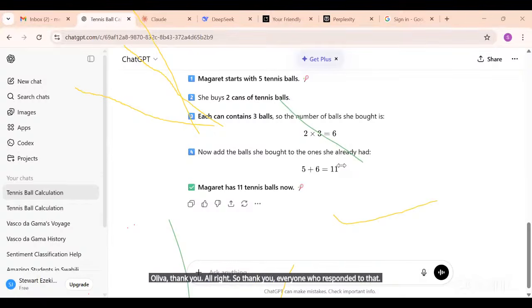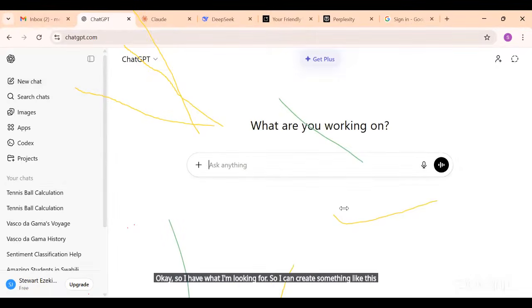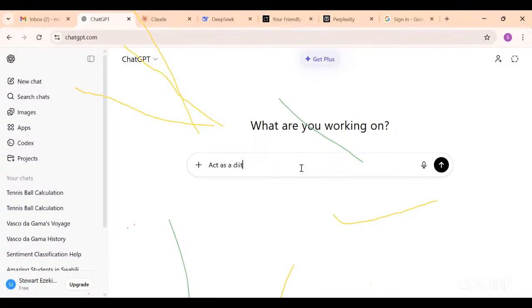Okay. So I have what I'm looking for. So I can create something like this. For example, I can ask it to act as a digital marketing strategist.